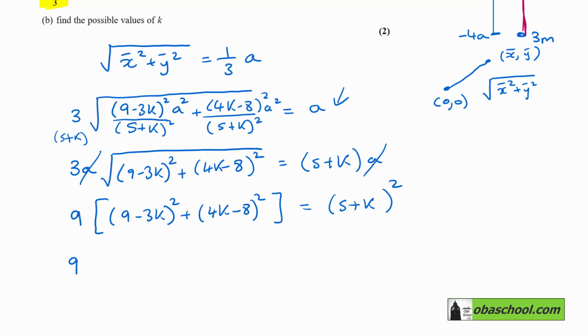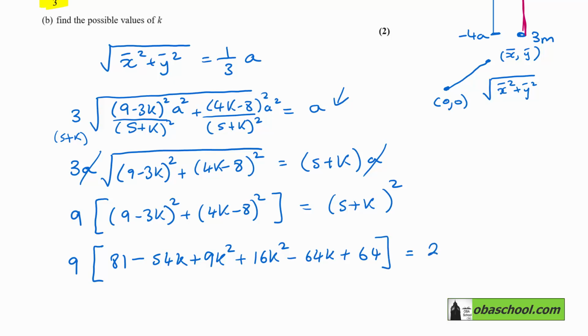Over here we've got 9, and inside this bracket we're going to get 81, take away 54k plus 9k squared, plus 16k squared, take away 64k plus 64, and that's equal to 25 plus 10k plus k squared.